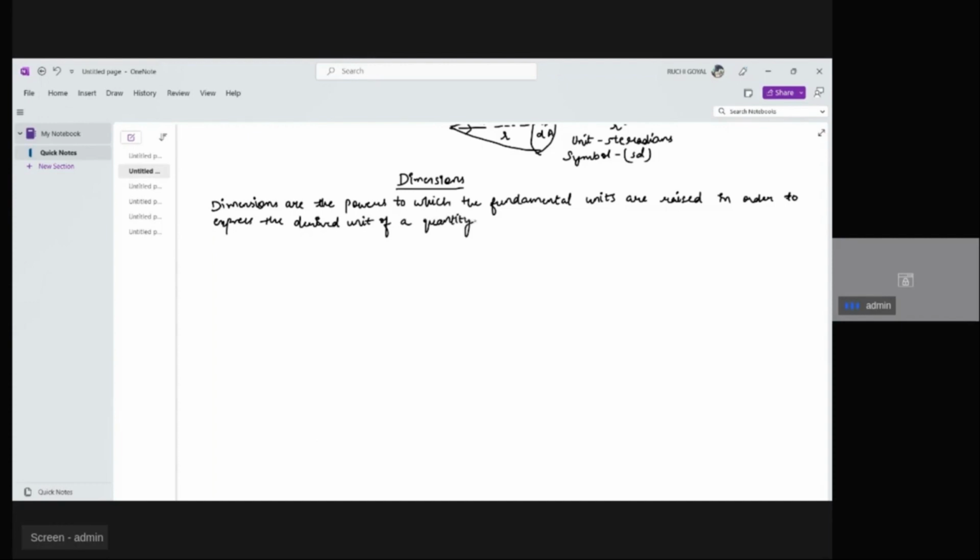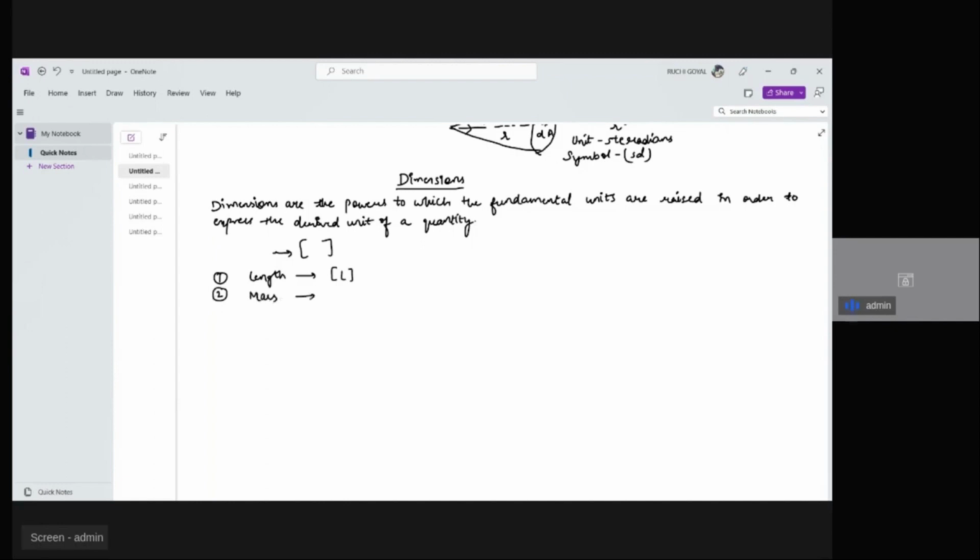Okay, so we write dimensions in square brackets. Always we write these dimensions in square brackets. Like we have seven fundamental physical quantities, we can write their dimensions. First one is length. Length is denoted by L. Second one is mass.